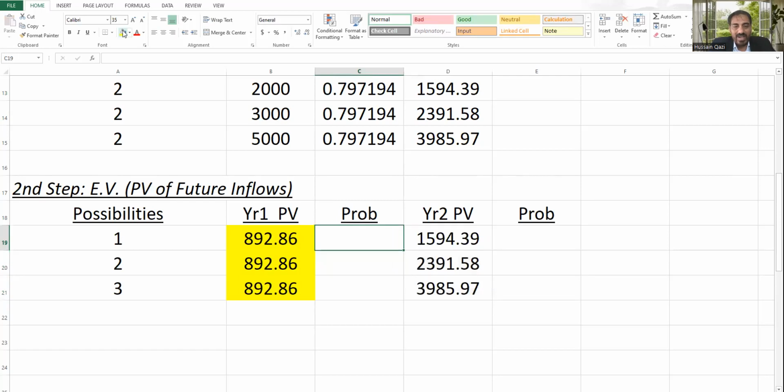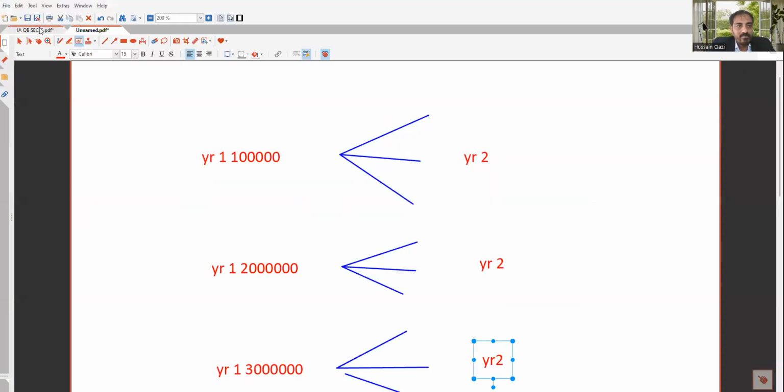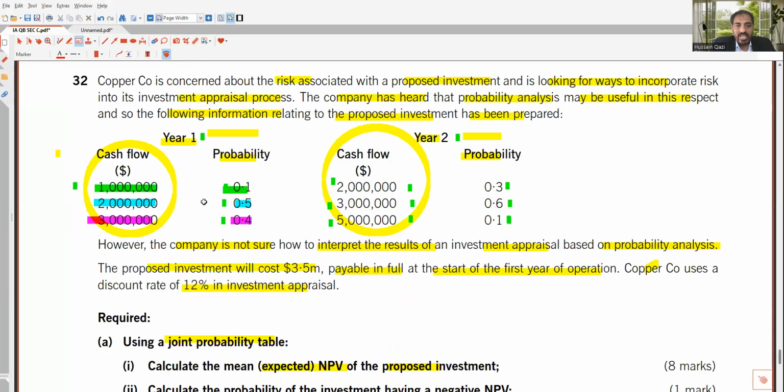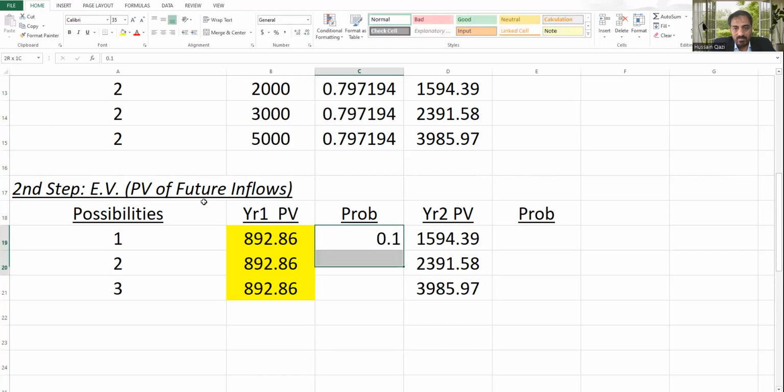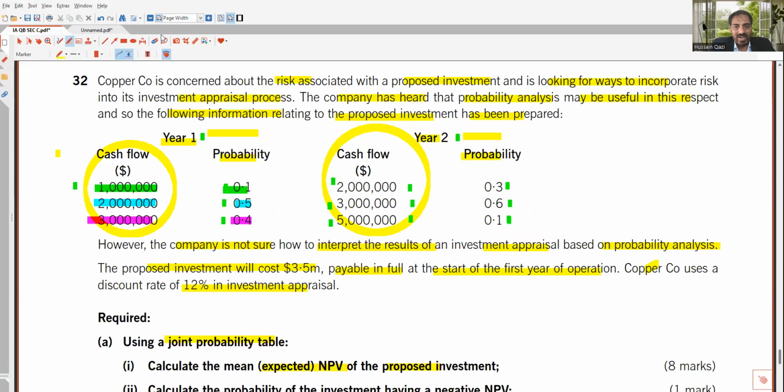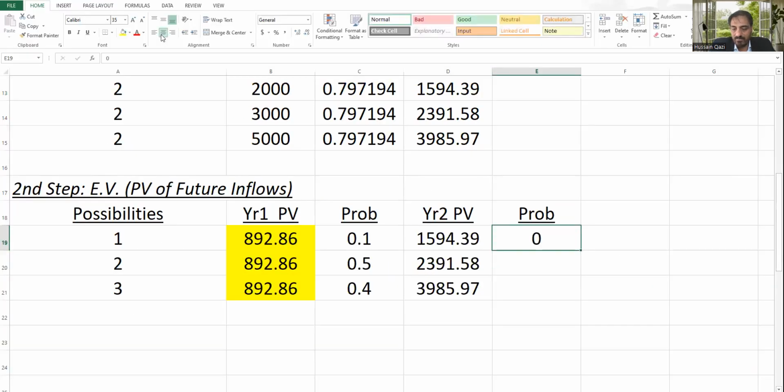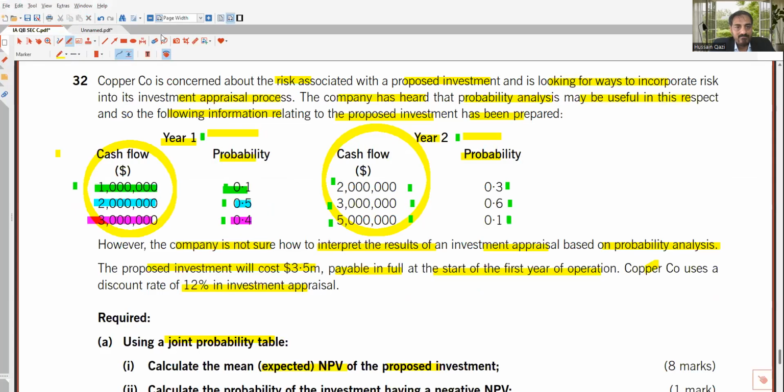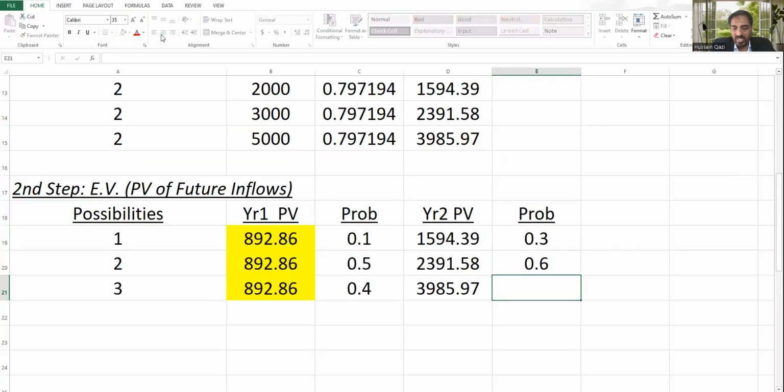Yes, the probability is 10%, 0.5 and 0.4, and the year 2 having the probability 0.3, 0.6 and 0.1.